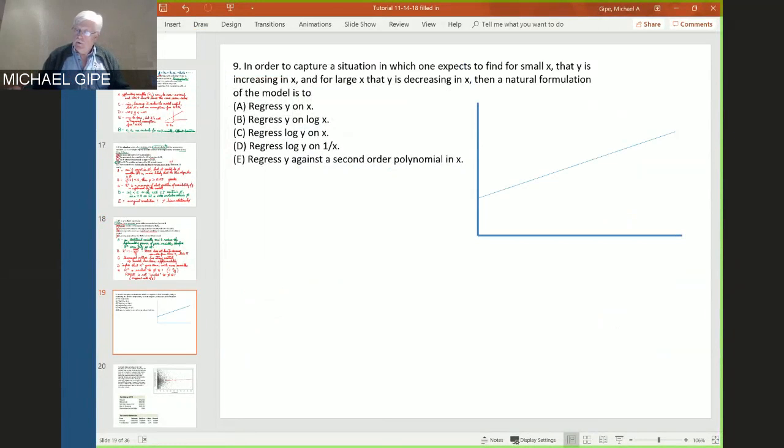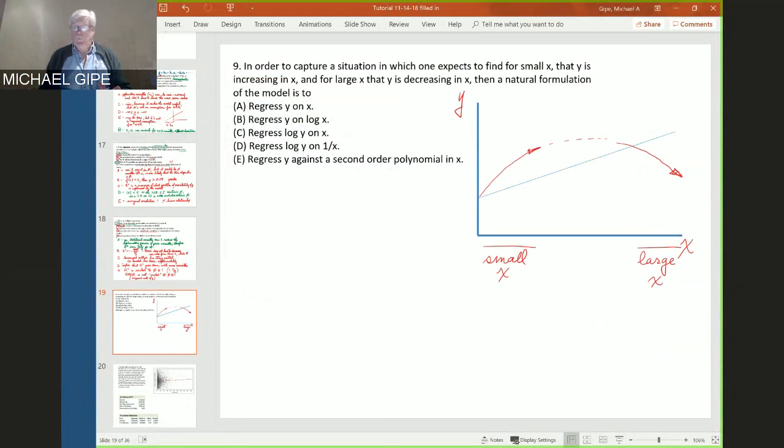If this is our model, or this is x and y, if for small values of x, and large x would be further to the right, if for small values of x, y is increasing, and for large values of x, y is decreasing, then we don't have a linear model.